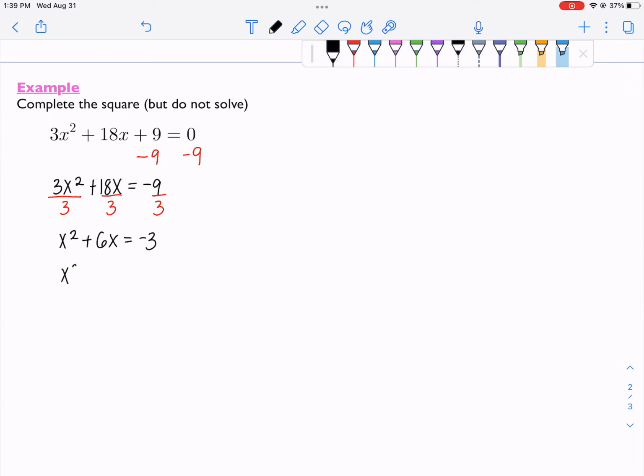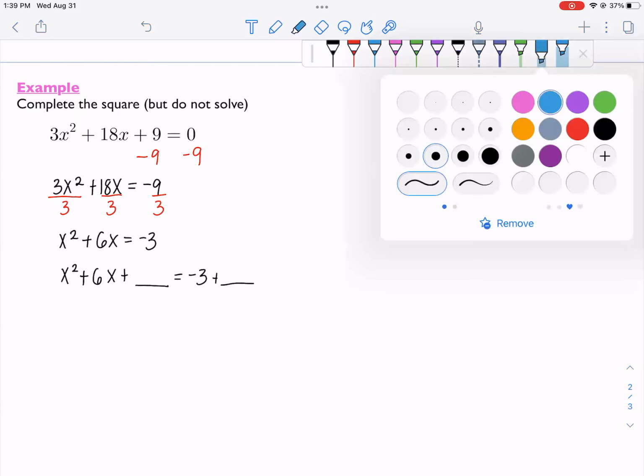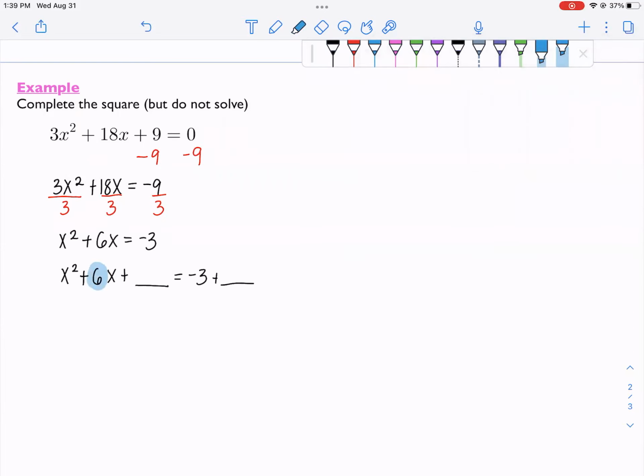I need to add half of b squared to both sides. So I'm going to be adding something on both sides here. I'm taking this 6, dividing it in half and squaring it. So 6 divided by 2 is 3. 3 squared is 9.